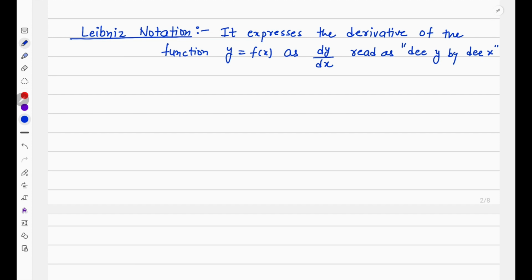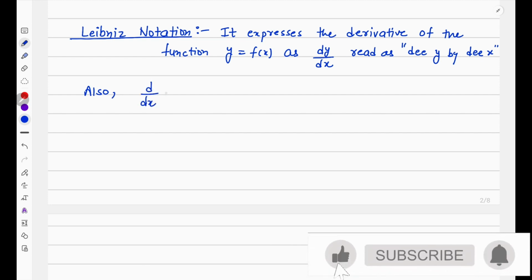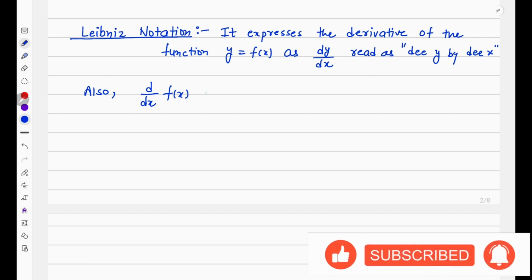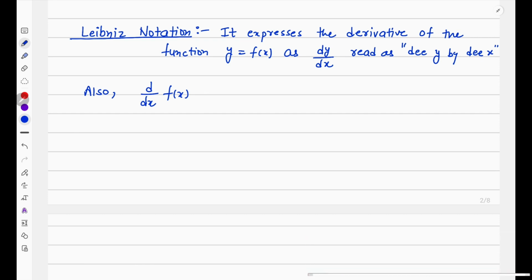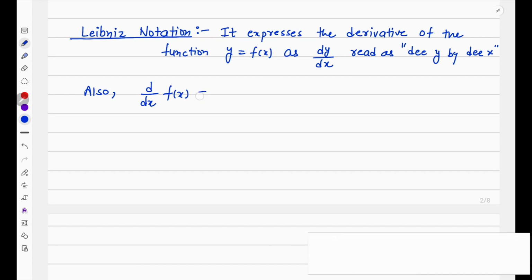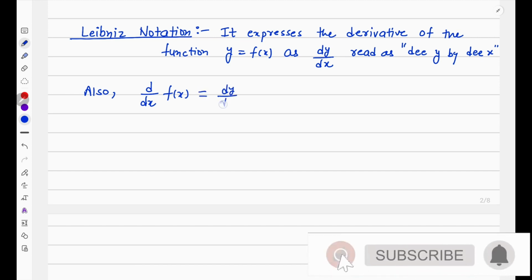Leibniz's form can also be written as the first derivative of the function is also written as dy by dx.